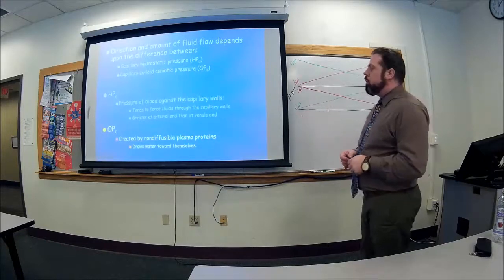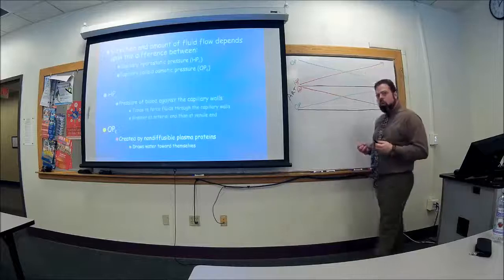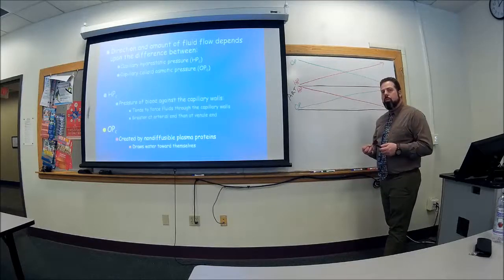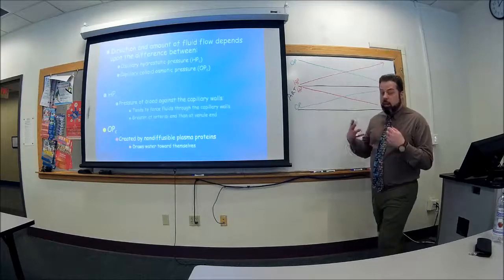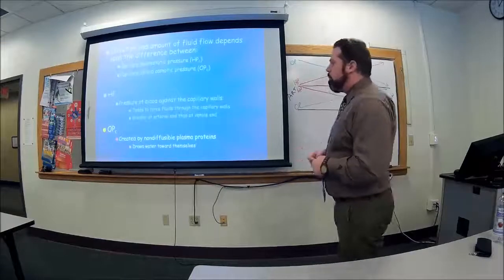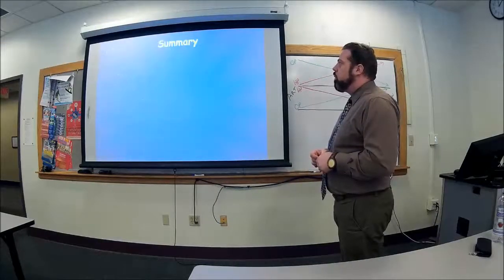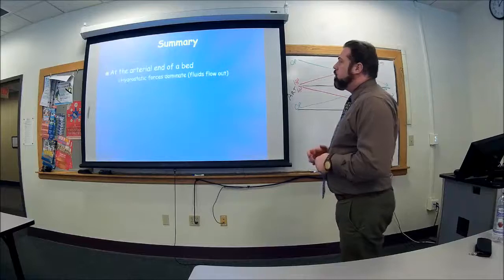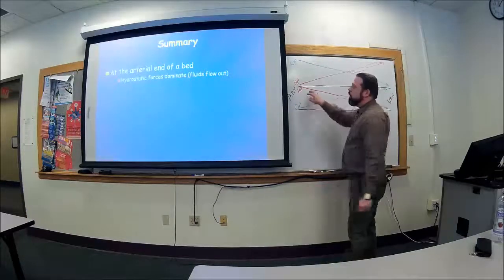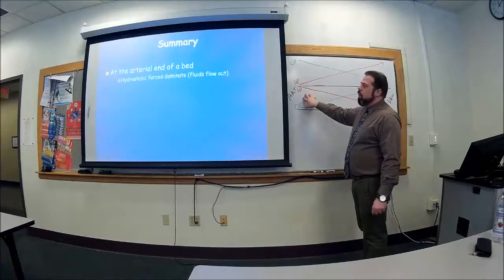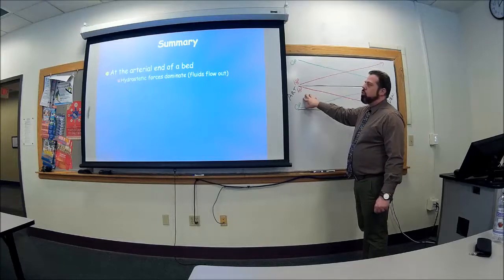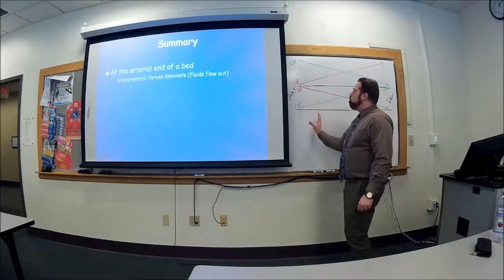The oncotic pressure draws the water towards those proteins, okay, where there's a greater concentration of proteins, and that's what's happening there, okay? So, in summary, at the arterial end, again, the same thing. The arterial end of the capillary bed, hydrostatic forces dominate, so therefore it's going to push it out.